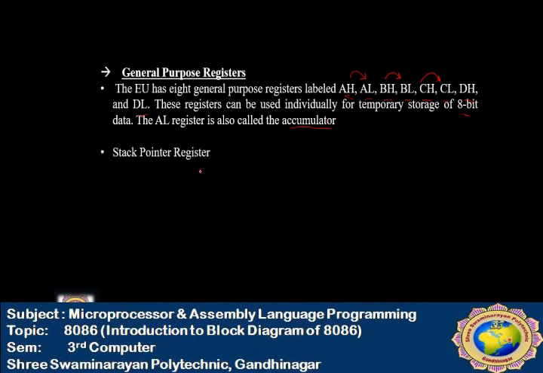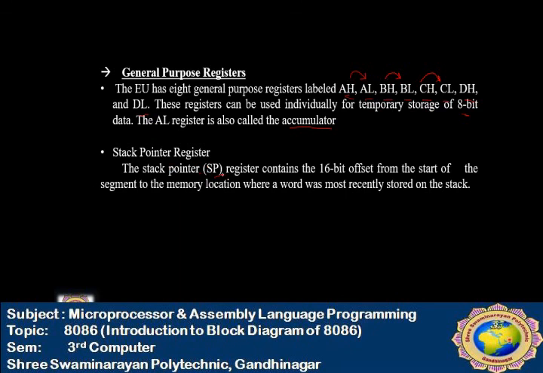Then the stack pointer register. The stack pointer SP contains the 16-bit offset from the start of the segment to the memory location where a word was most recently stored on the stack. Others are the pointer and index registers.